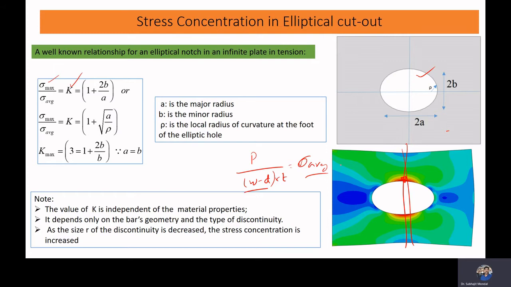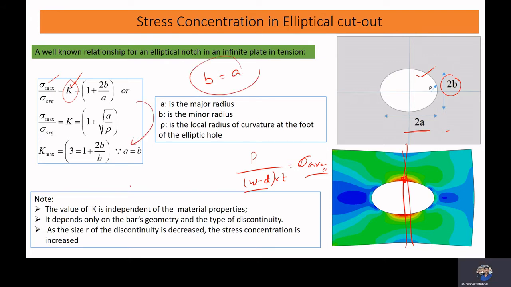Here 2b is your minor axis of the ellipse, and 2a is your major axis. Now stress concentration factor K is equal to 1 plus 2b by a. Now if it becomes circular, in that case you'll observe that b is equal to a. Okay.